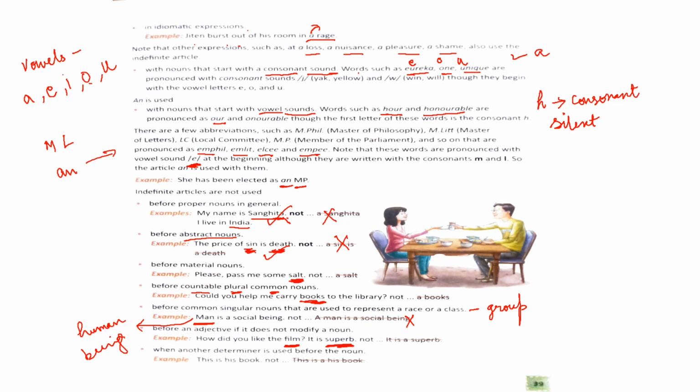Now the last point is when another determiner is used before the noun. Children, what is a determiner? Determiners are words that are placed before a noun, and they provide information such as quantity, ownership, and specificity. So those words are called determiners.